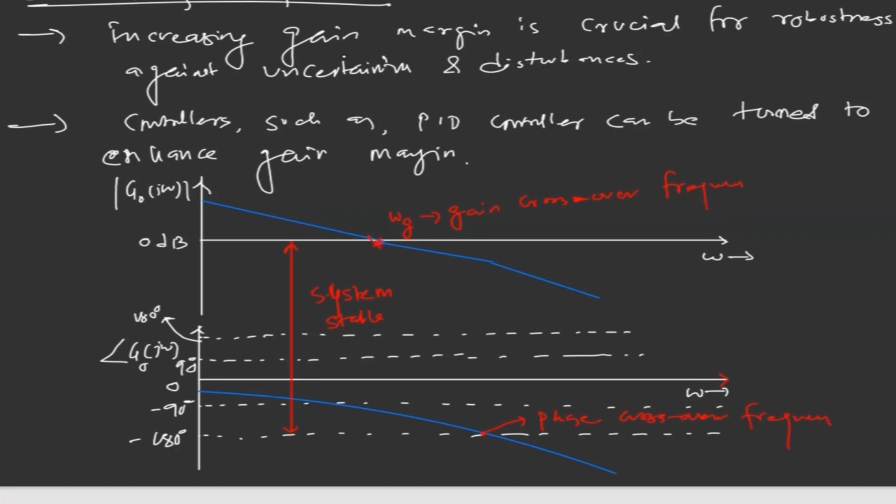And how do we find gain margin and phase margin? As per the definition, the phase margin is defined from the gain crossover frequency.